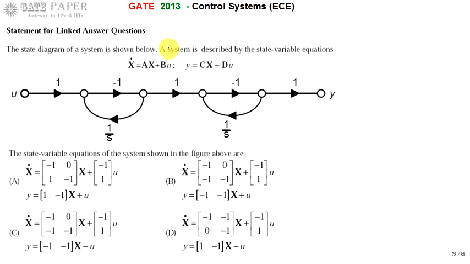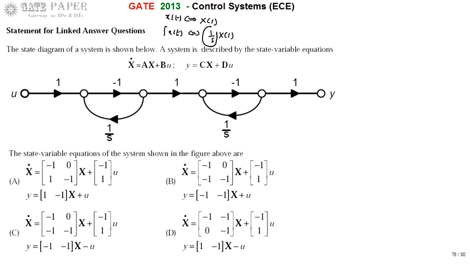So now, if you check this, this is 1 by s. Let us assume you have x of t whose Laplace transform is x of s. What will be the Laplace transform of the integration of x of t? Integration of x of t is nothing but 1 by s times x of s.